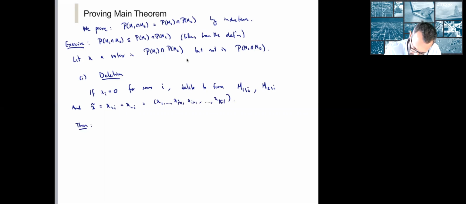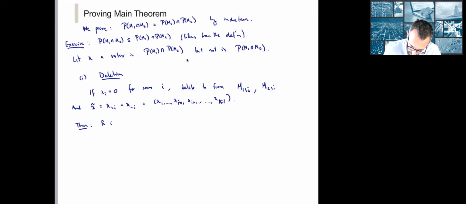Then x tilde certainly satisfies all of the matroid constraints for M1 with i deleted. It satisfies all of those constraints.